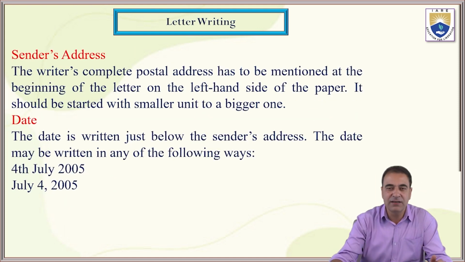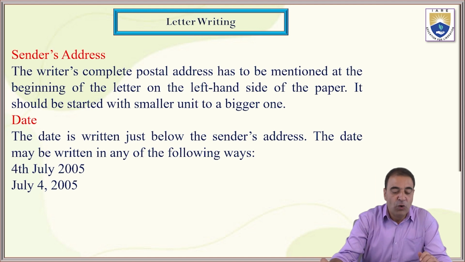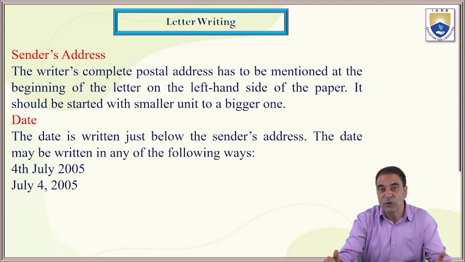Now, let us see how we write these different parts of a letter. The first one is the sender's address. We write the sender's address on the left-hand side of the paper. While writing the sender's address, we should start with a small portion.